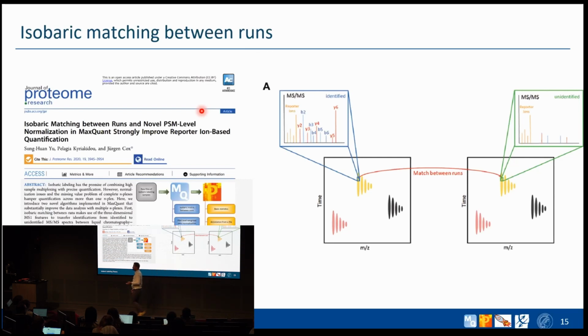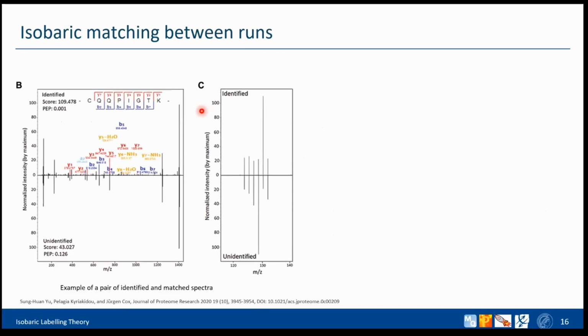And this can, of course, also happen in our runs with the multiplex sample. So what was implemented for this paper is to do the same, to just transfer the identification.